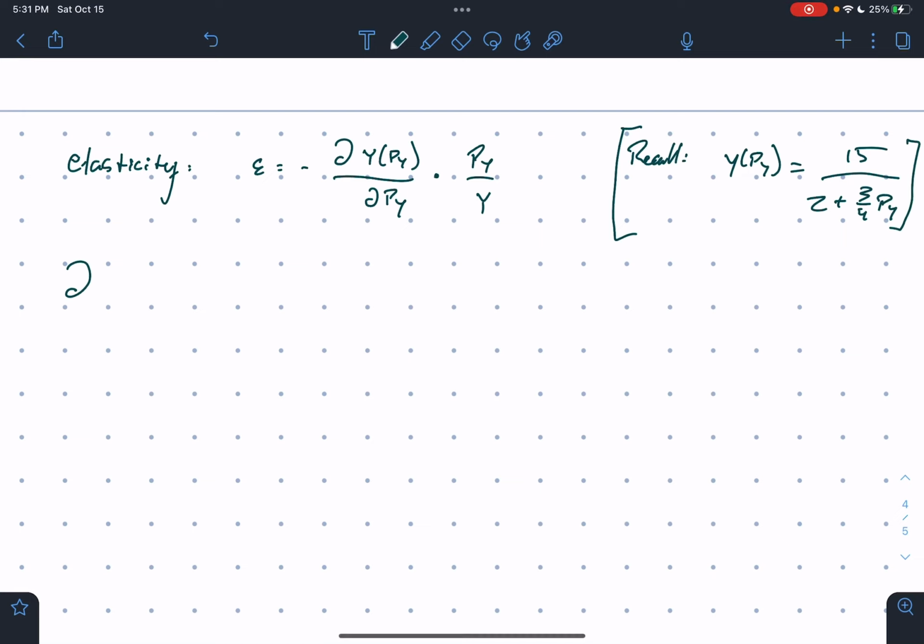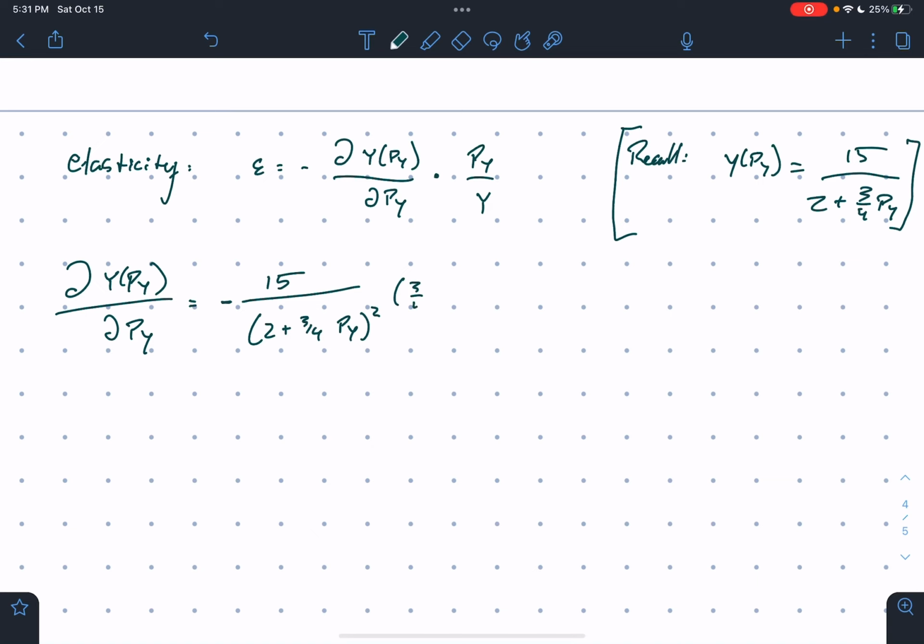So dy of py over dpy, the derivative with respect to py, is going to be negative 15 over (2 plus 3/4 py) squared, times 3/4. So that was just the chain rule.